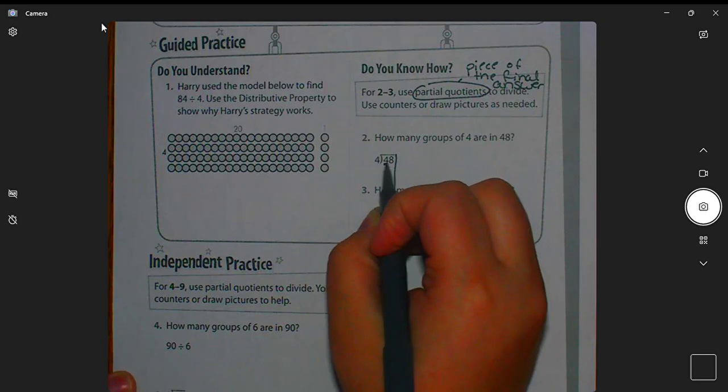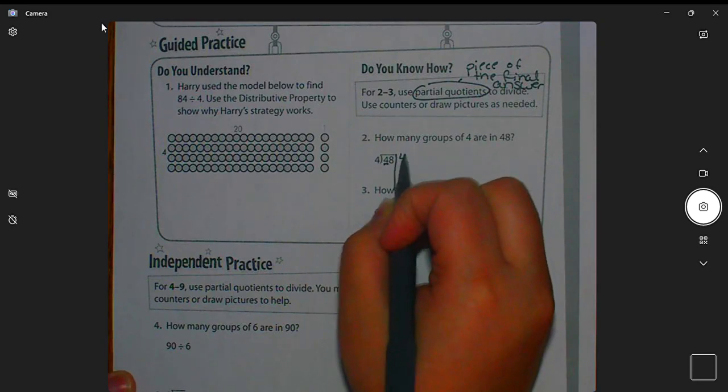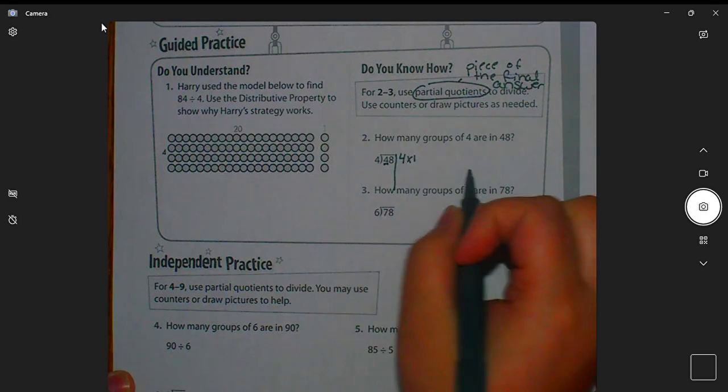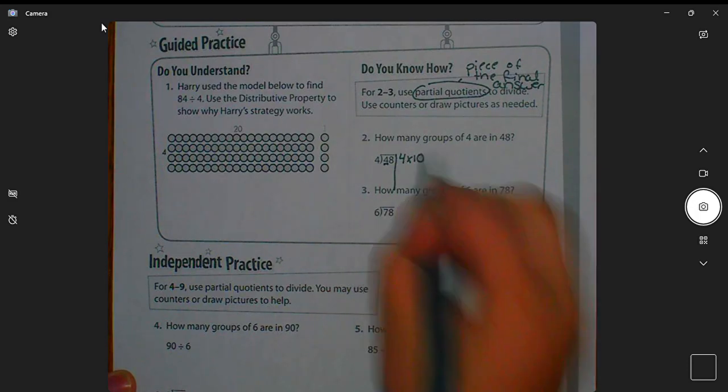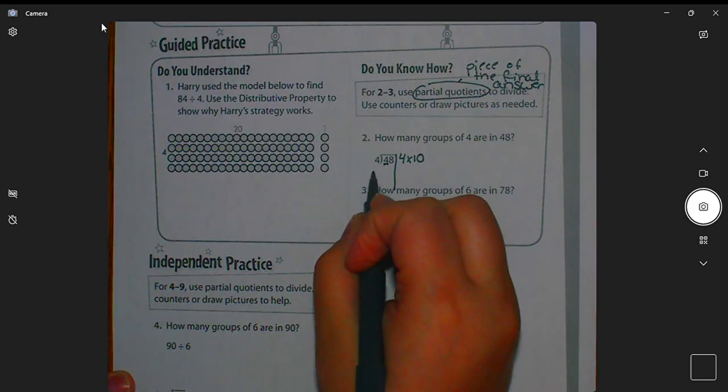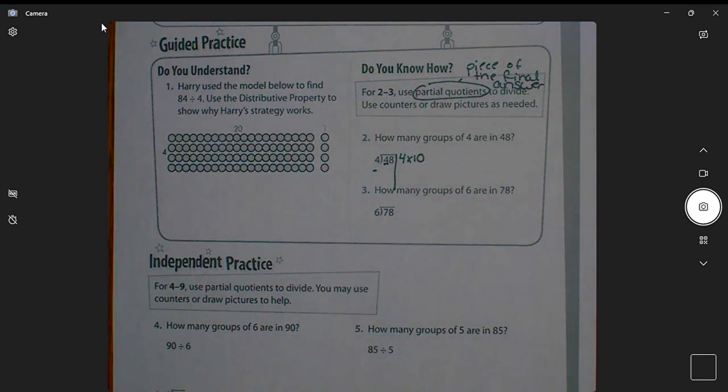But using what I know about place value, it's not just 1. It's 10, because the 4 is in the tens place. So 4 times 10. What is 4 times 10?